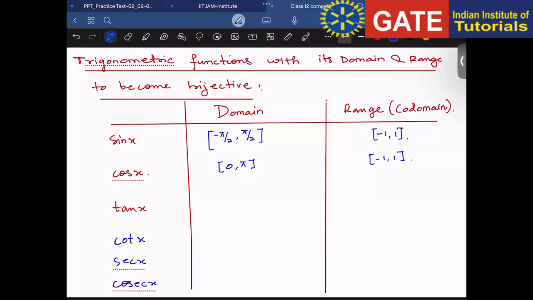Next, what should be for tan x? For all real numbers, it will become one-one onto, minus pi by 2 to pi by 2.